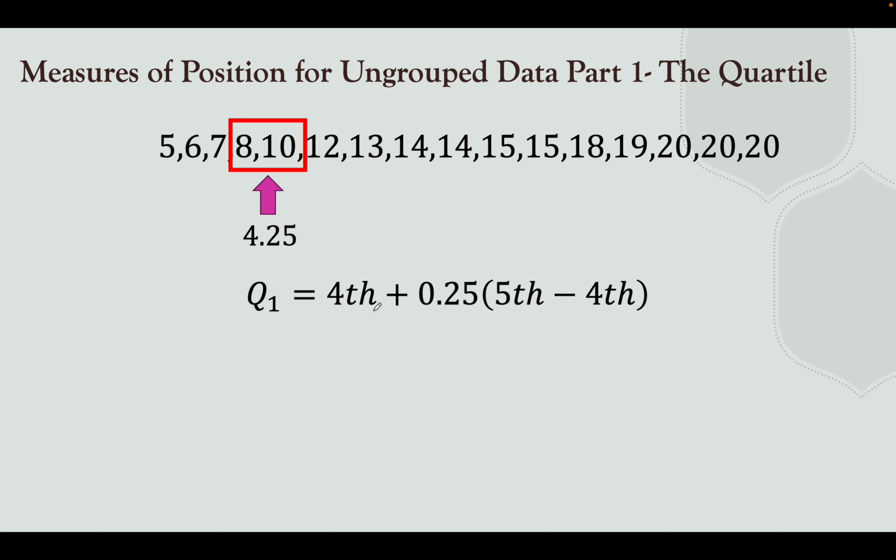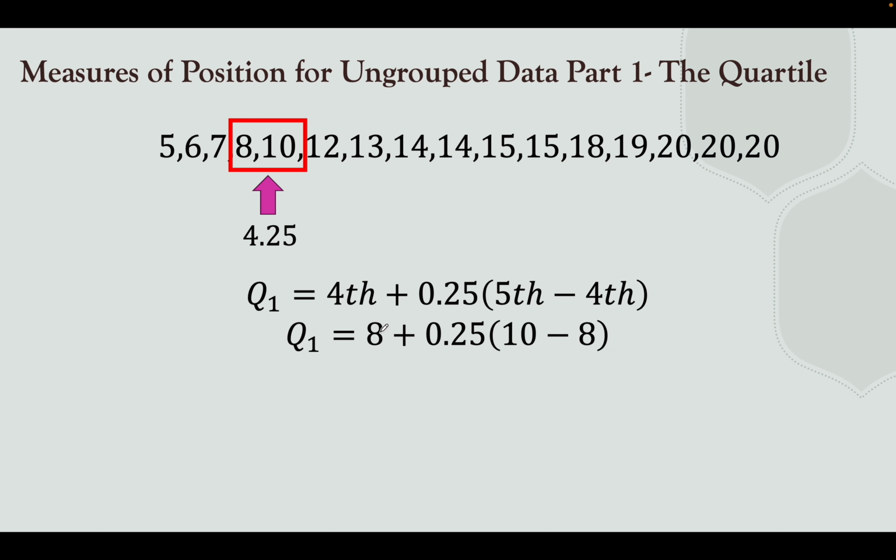We can use this formula, class. The lower quartile is equal to the fourth data, the smaller of the fourth and fifth data, plus the decimal, which is 0.25, times the fifth minus the fourth data.